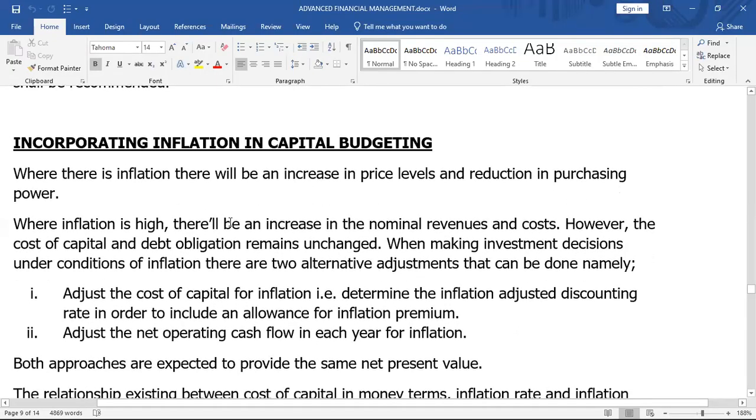Now, let us incorporate inflation in capital budgeting. I know everyone now is discussing the cost of commodities in our supermarkets, that things have become hard, teacher, and so on.